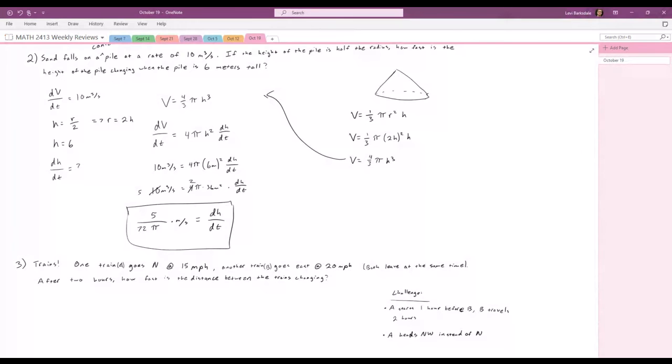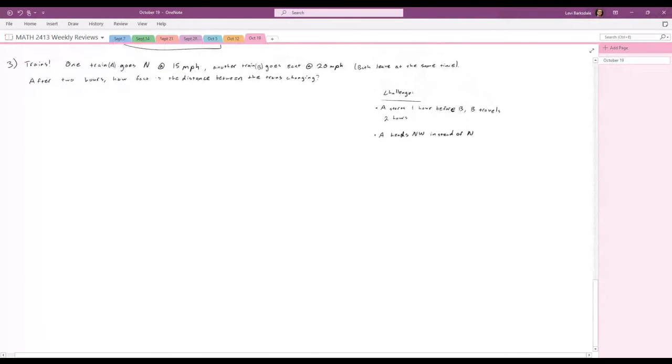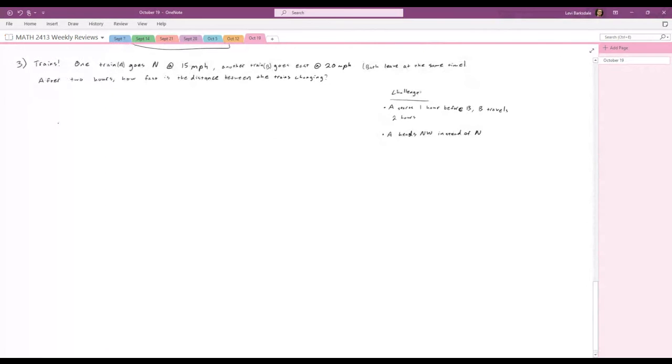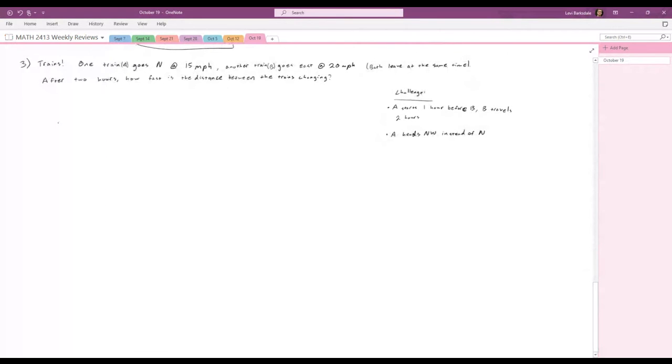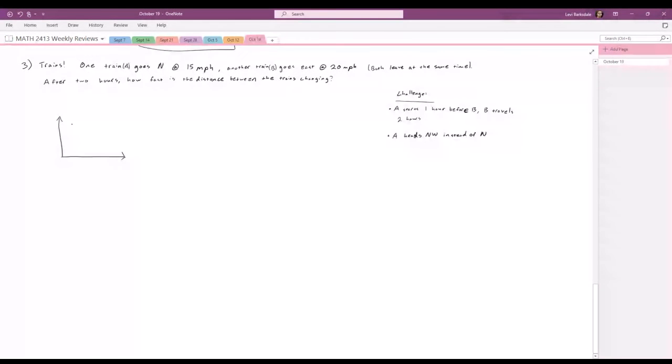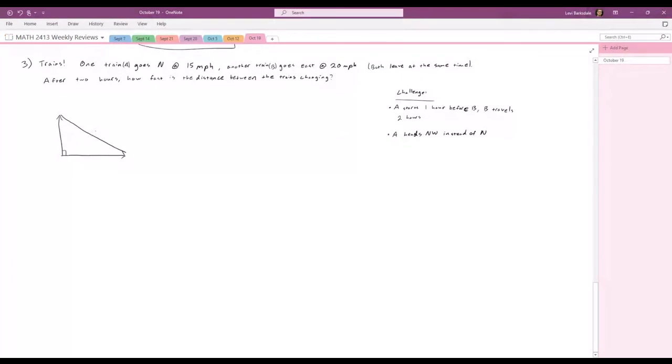I just need to wait for OneNote to finish lagging. There we go. Perfect. Okay. So, miles an hour. So then the distance between them would just be the side of this right triangle.